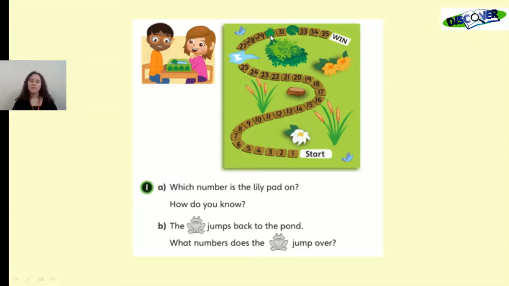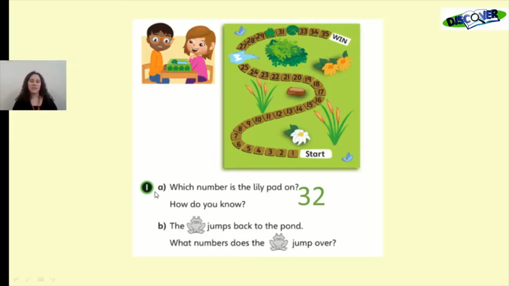So, shall we count from 30 to the lily pad to see if we can figure out which number the lily pad is on? Are you ready to count with me? So the frog is on 30, 31, 32. So the lily pad must be on the number 32.